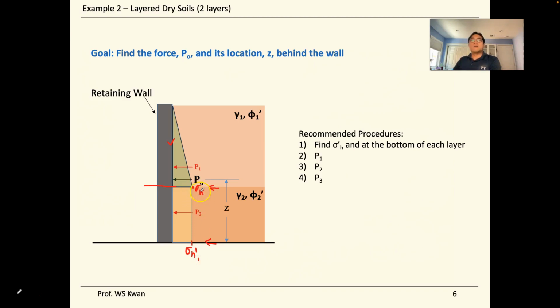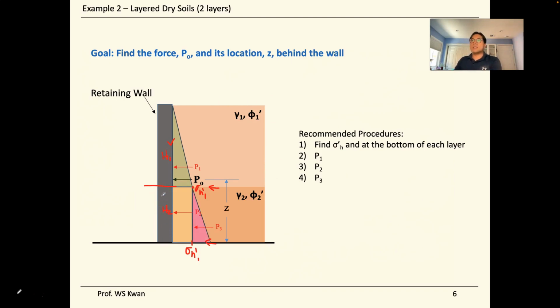Since this stress is not changing, it's the same one that you found, and you know the vertical dimensions. So we always know H1 and H2. So the horizontal stress times H2 gives you the area of the yellow rectangle here, which corresponds to P2. Again, P2 is the force from the first layer on the lower portion of the wall.